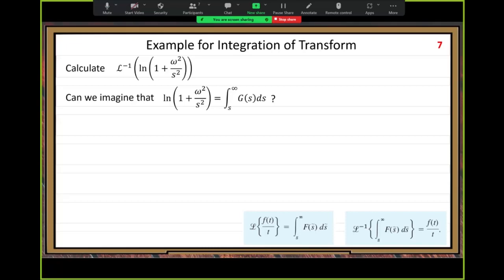Taking the derivative, right? Do you still remember the fundamental theorem of calculus? Based on the fundamental theorem of calculus, what's the derivative of this function?